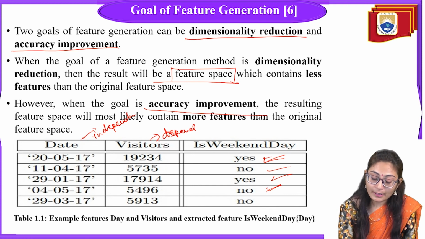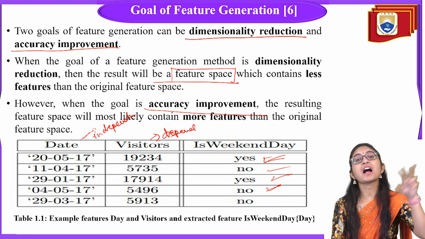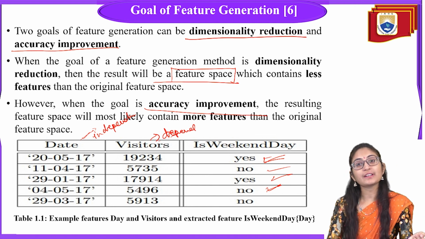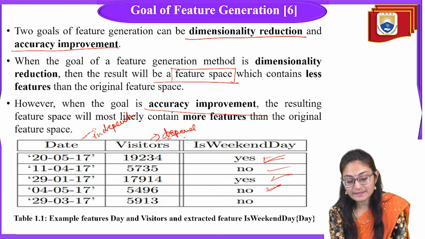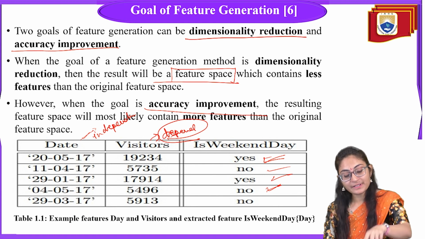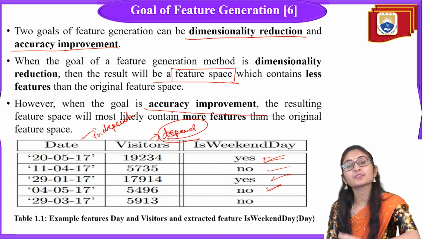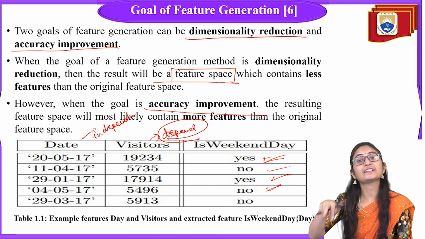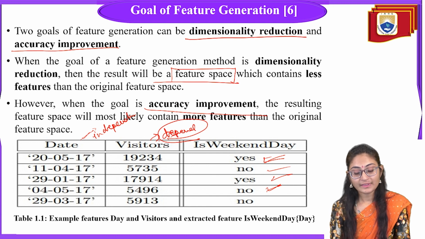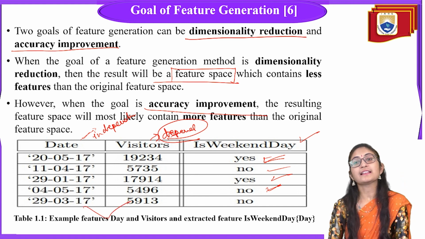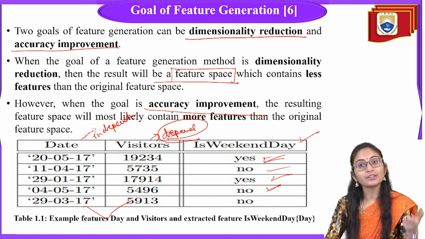Because date and visitors are related to each other. Date is the independent attribute, and visitors is the dependent attribute. On that day, visitors are more because it was the weekend. That's why there were more visitors. That means we are deciding on this basis whether it is a weekend day or not.